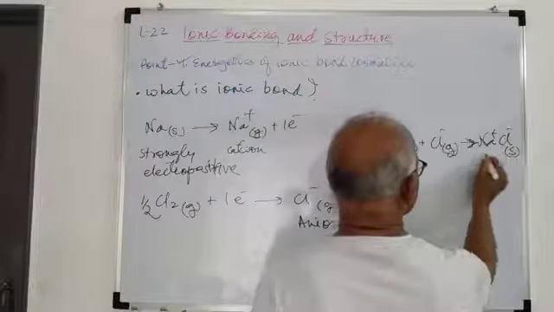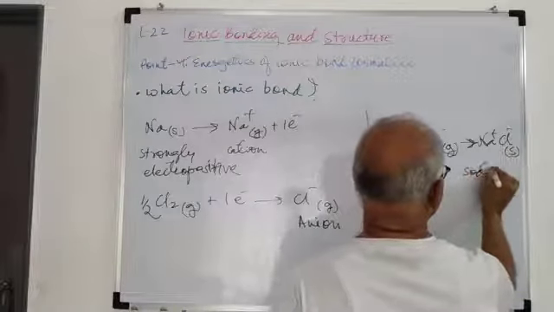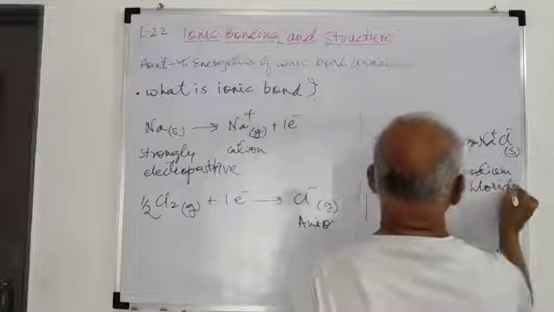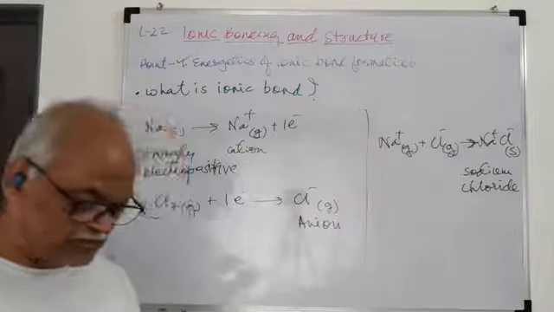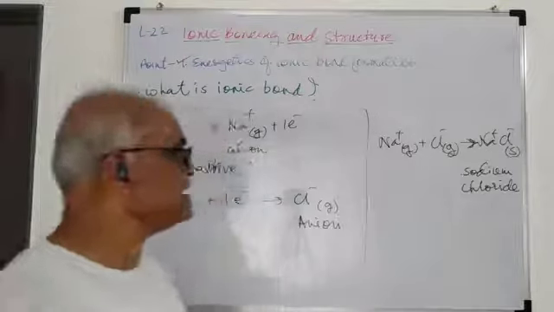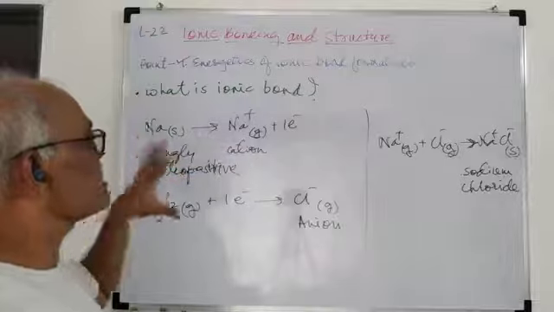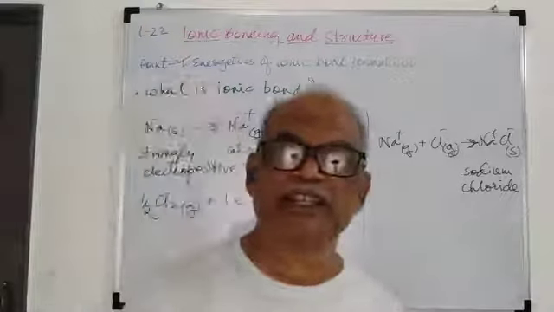This is called sodium chloride, an ionic solid. This explains how the ionic bond is formed.